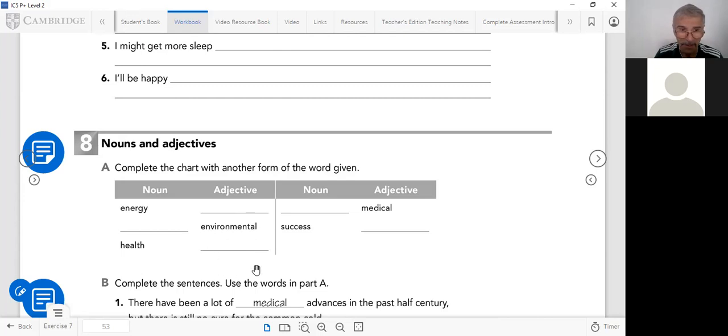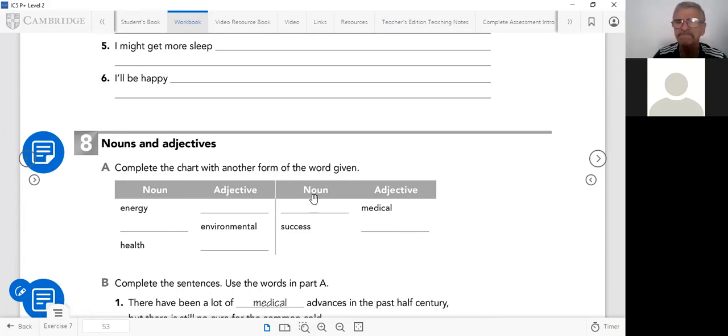Okay, healthy. In this case, you just add a Y, that's it, right? You don't add AL, you don't add FULL, or you don't add OUS, or you don't add NESS. No, no, no, that's all.